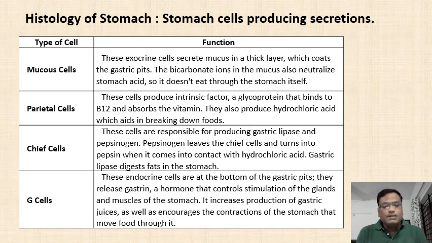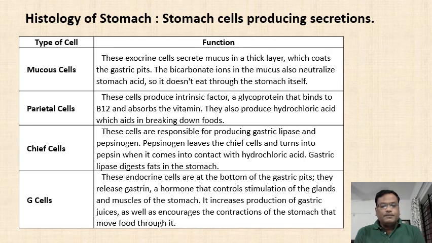Then we have chief cells. So these cells are responsible for the production of gastric lipase and pepsinogen. So pepsinogen will be converted into pepsin enzyme, and the lipase enzyme, the gastric lipase, is the enzyme which begins the lipid digestion in the stomach.